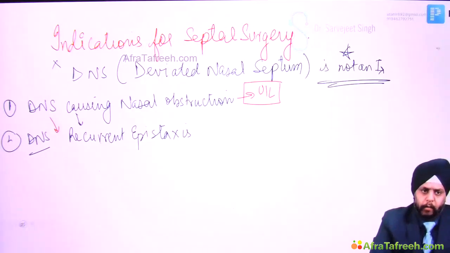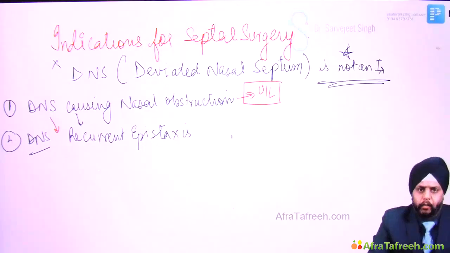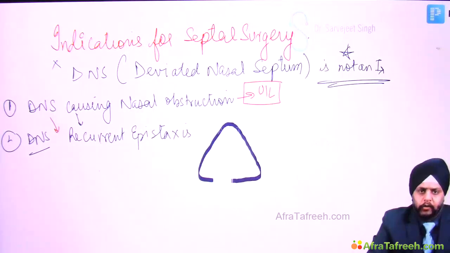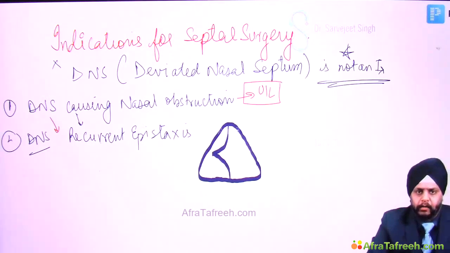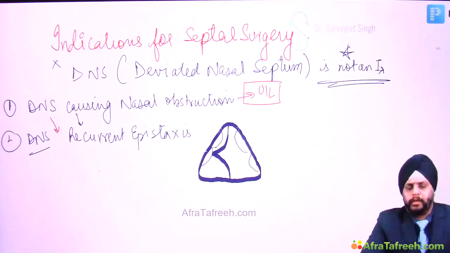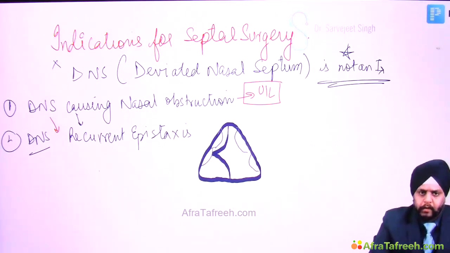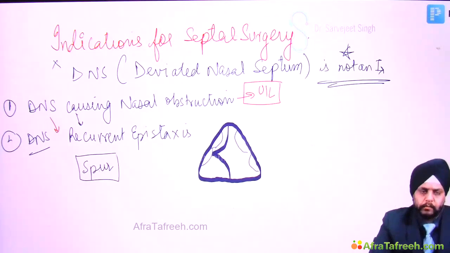Let's go back and draw this diagram once again. Sometimes we can have a sharp deviation like this. This deviation can impinge upon the lateral wall and cause bleeding. This sharp deviation is known as a spur.